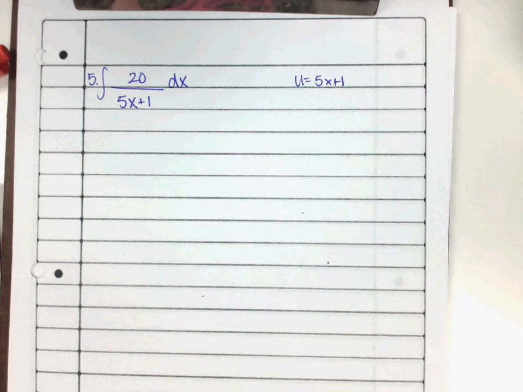Need help? Anybody got it? Yes, good. If you didn't hear what she said, your answer should have an ln in it, because you end up with your u on the bottom, that's a 1 over u.